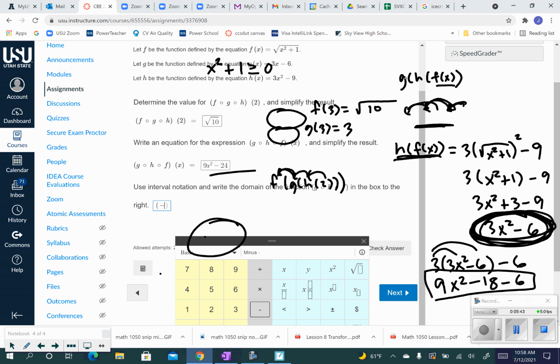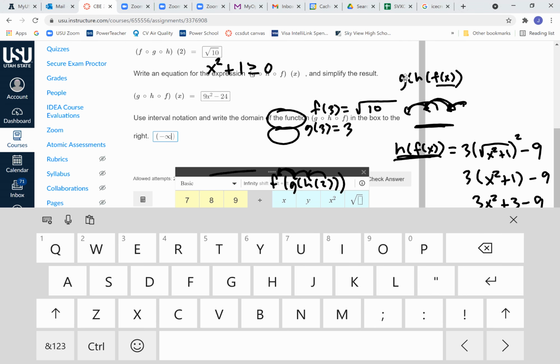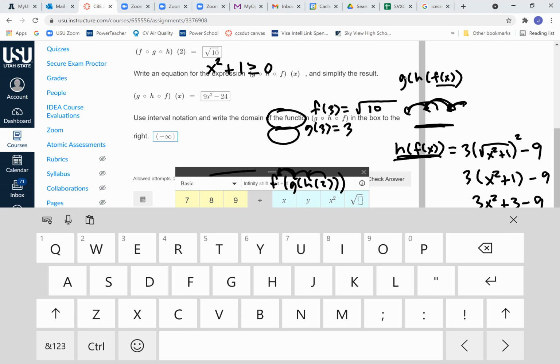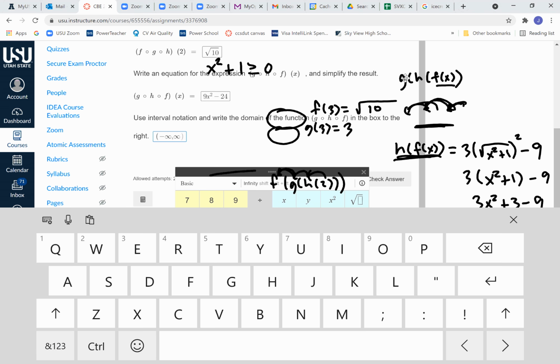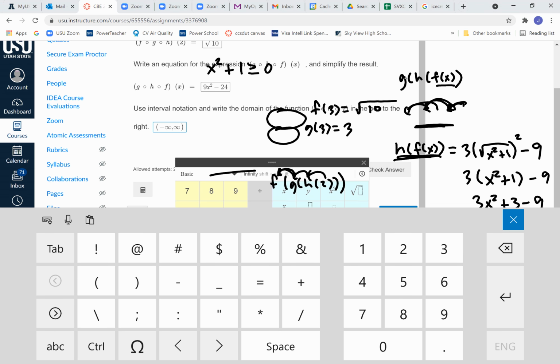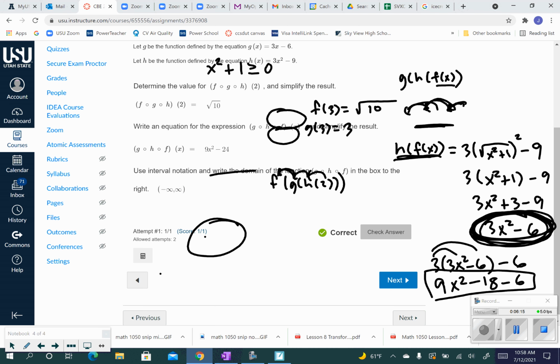Sorry, this is kind of a mess here. I bet you guys are so much more computer literate than me that you can get these answers in a lot faster than I can. Okay, I think we got that in there, just negative infinity to infinity. Let's check it, and it looks good.